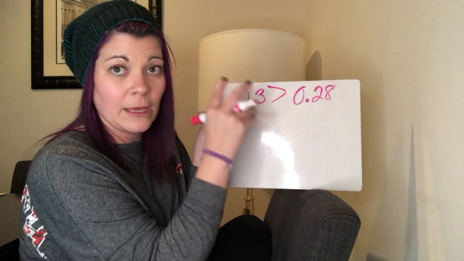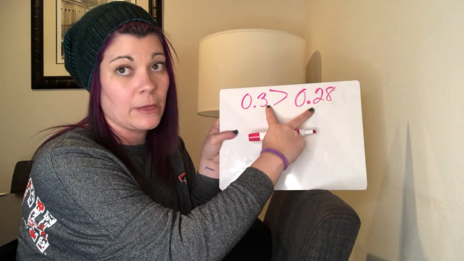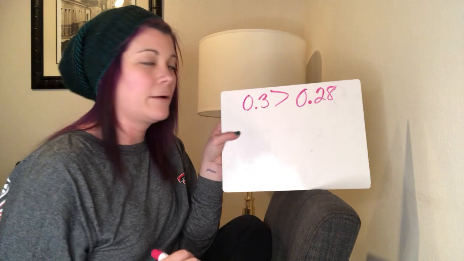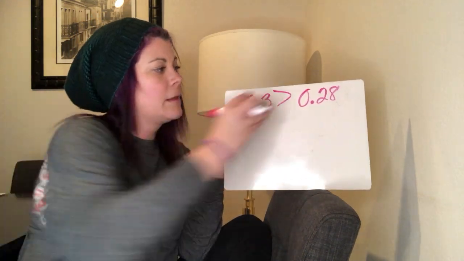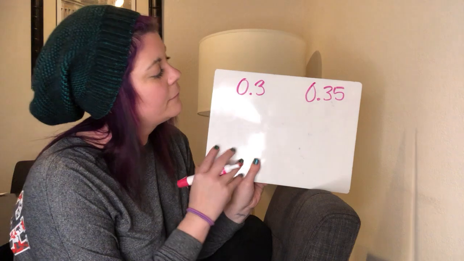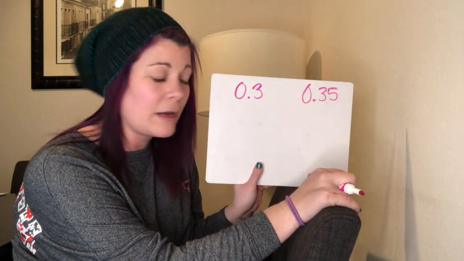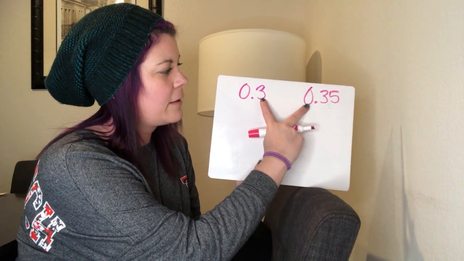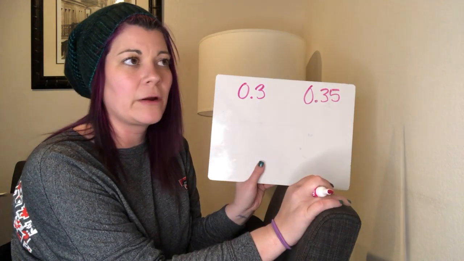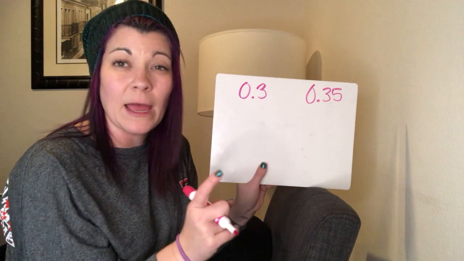So you start looking at the largest place value, and then you start comparing. Well, what if this was 0.3 something, so 0.35? The easiest thing to do here, I'll show you a trick. You can compare place value, but the easiest thing with decimals is to make them have the same number of digits behind the decimal.